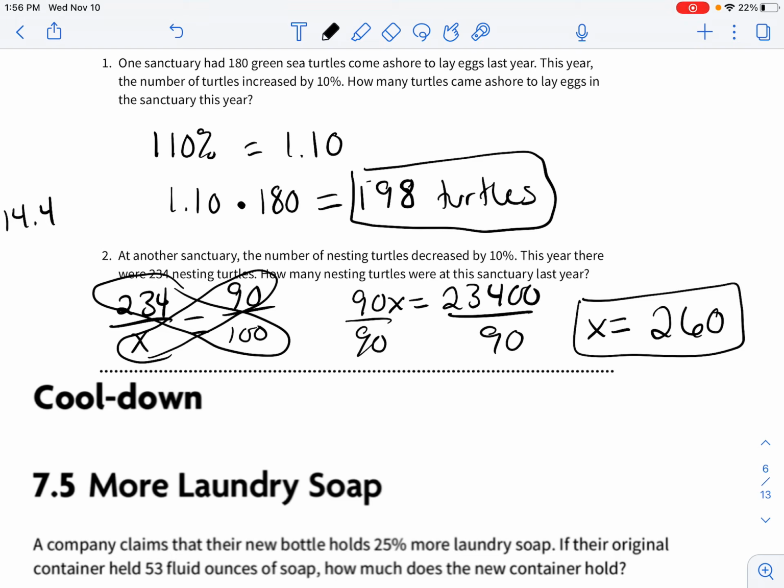So 234 over x is equal to 90 over 100. Take your cross products, you get 90x equals 23,400. And then the last step is to divide by 90. When you do that, you get 260. So there were 260 turtles the previous year.